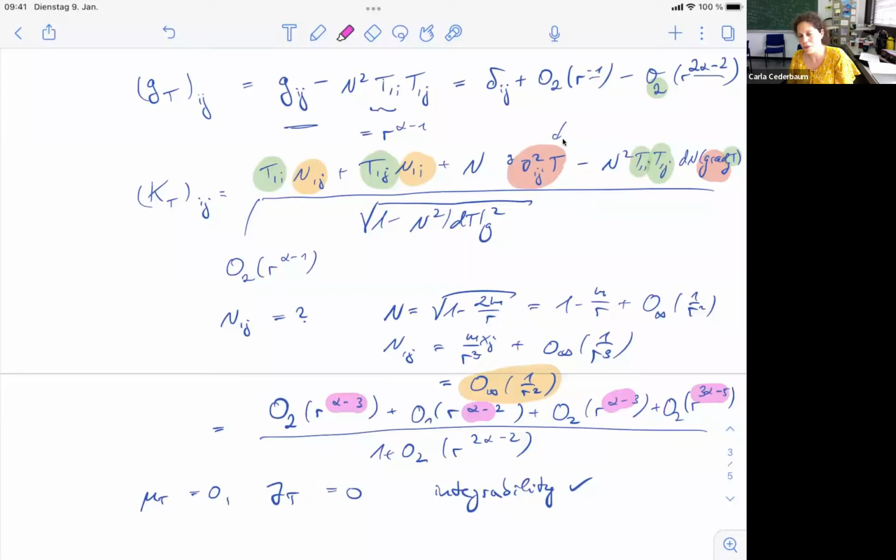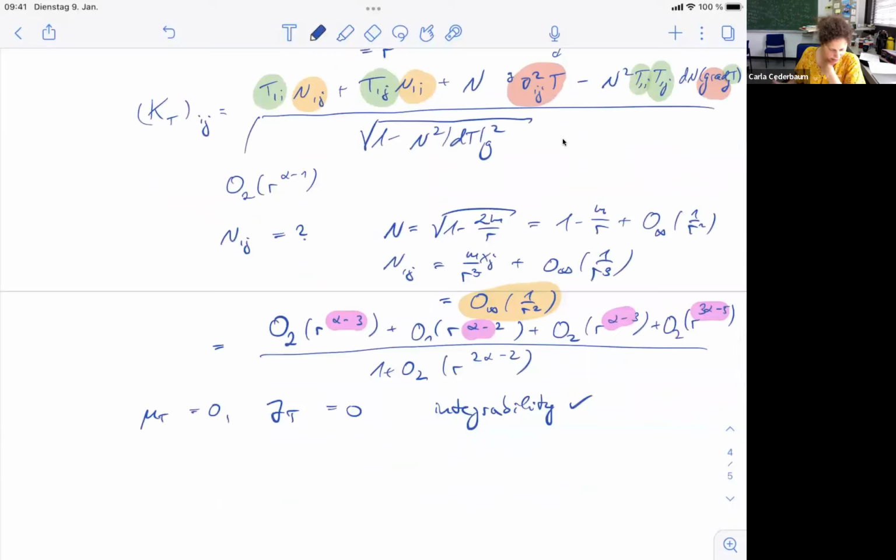I mean, if alpha is non-positive, then all of them are decaying, and even some positive alpha would be allowed. So then we conclude that alpha less than or equal to 0 will do, and beta depends on alpha.